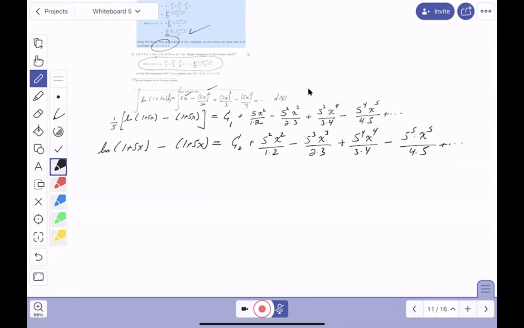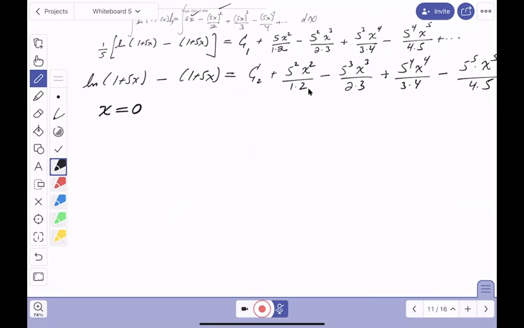All right, yada, yada, yada. All right, so could you figure out the C now? I think so. And what I would pick is an easy x. The x I would choose is 0. So if I did that, what would I get? Well, you would get the natural log of 1, which is zero, and then you would get minus 1 here. So if you plug in x on this left side, you get minus 1.